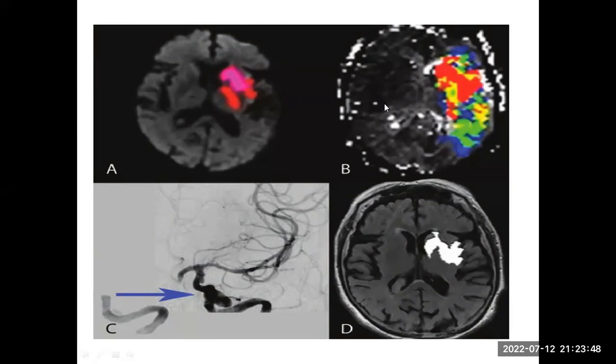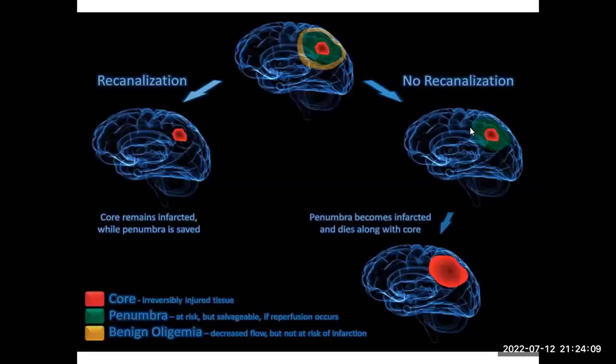But if reperfusion therapy is not done within the right time, then all this ischemic area, all this area with reduced perfusion on this type of MRI will eventually become red, will eventually become dead. And when you do diffusion-weighted MRI, then after, the red area will appear larger. And it indicates that the penumbra also underwent infarction.